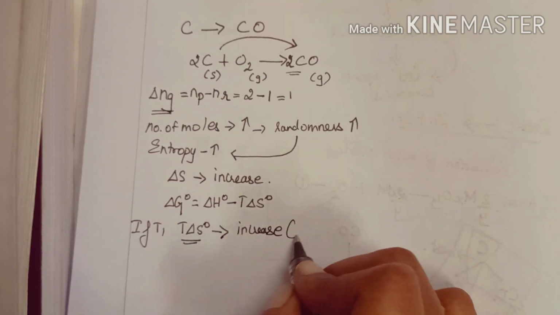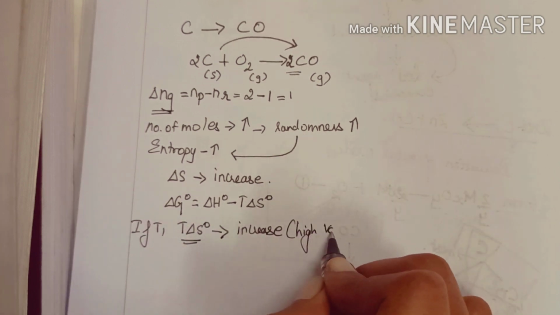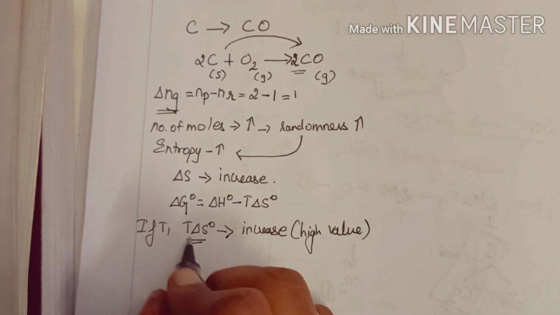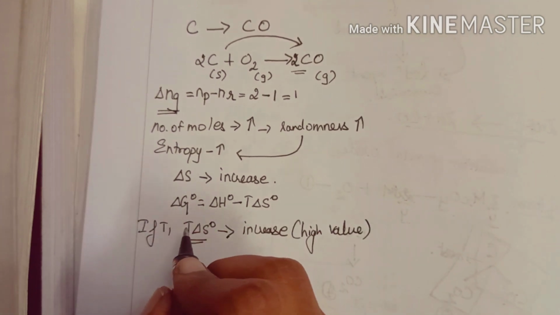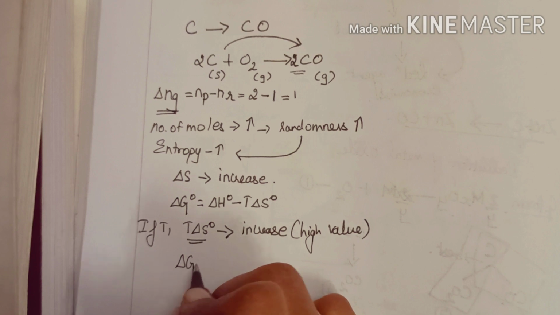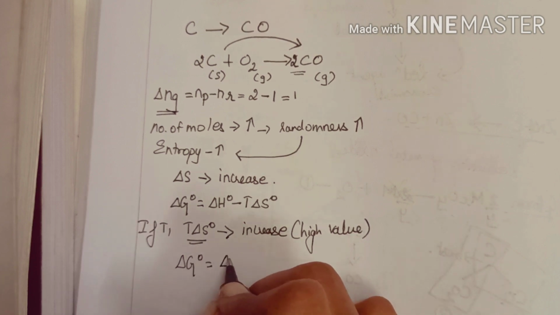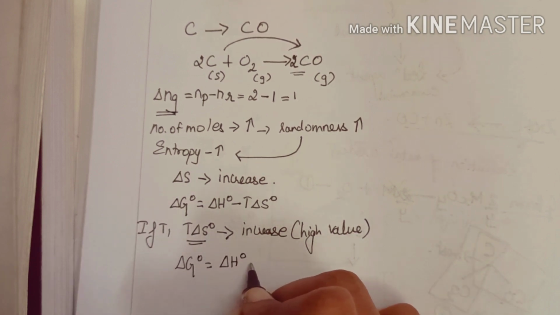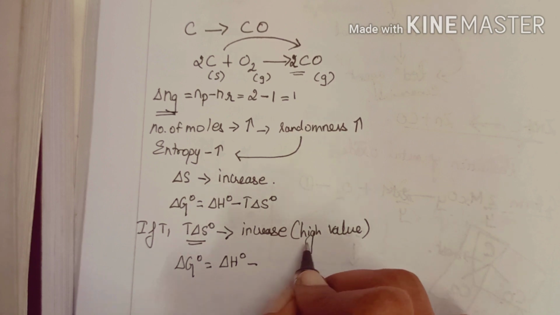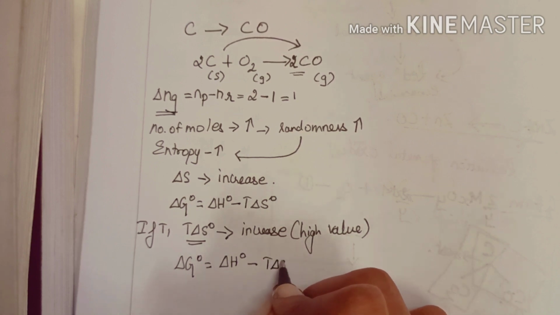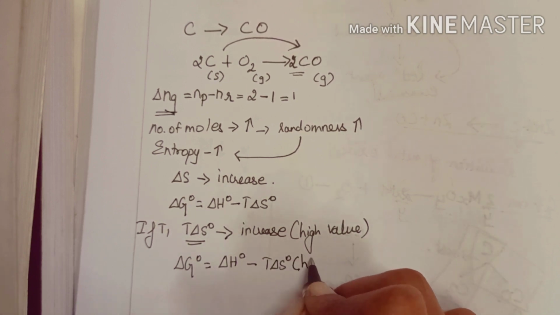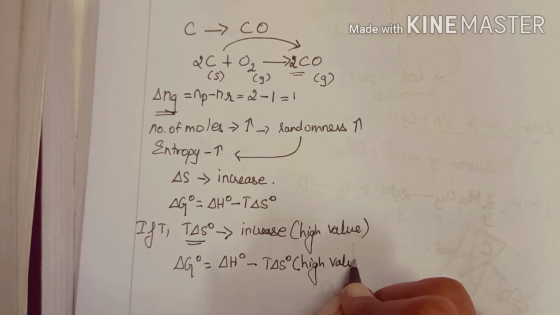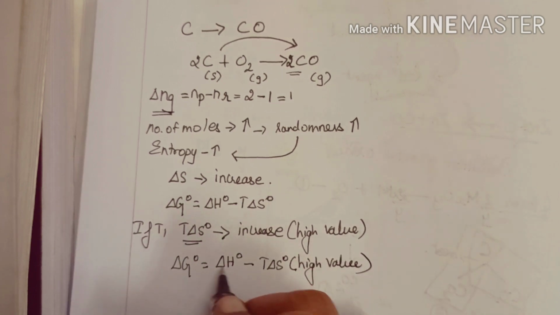So this one will have the high value. So here what happens to delta G naught? Delta G naught will be equal to delta H naught minus the high value T delta S naught.